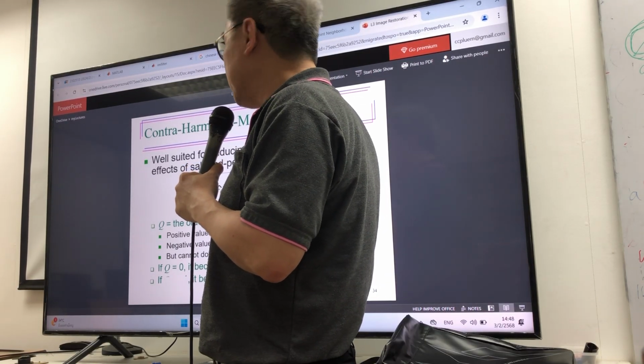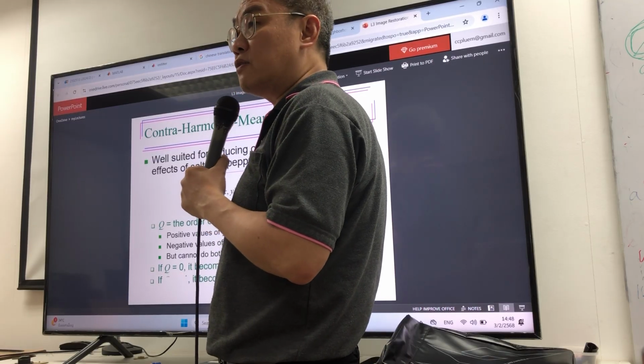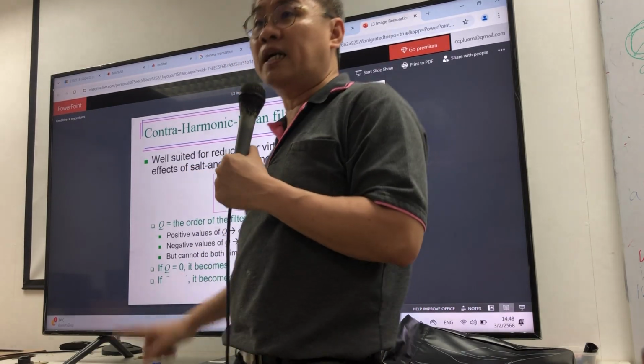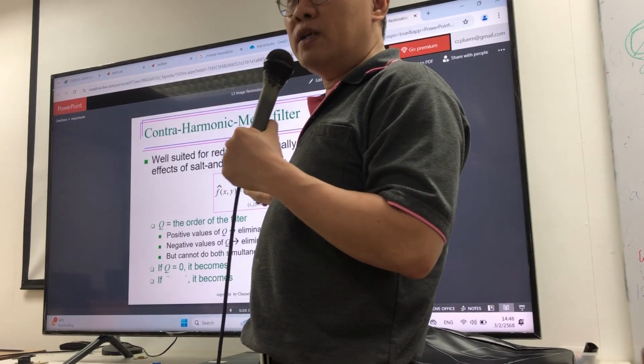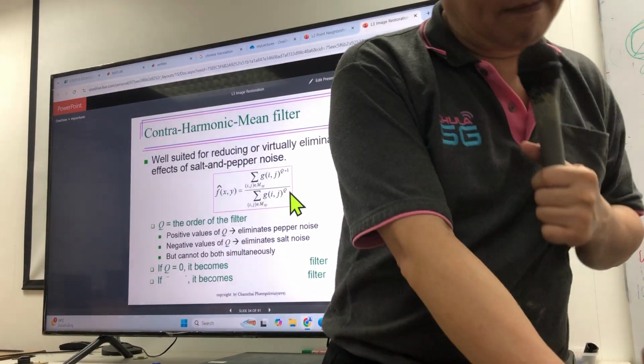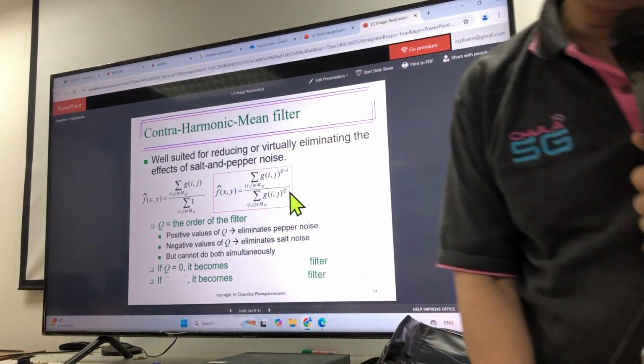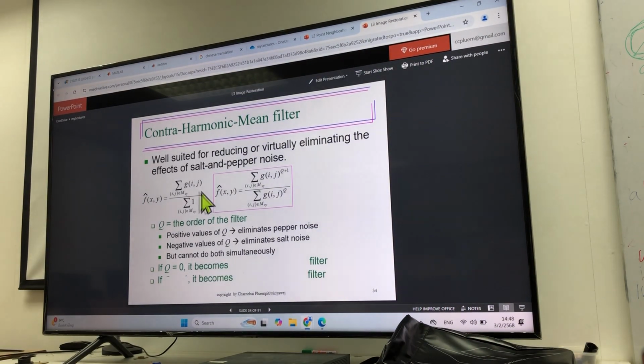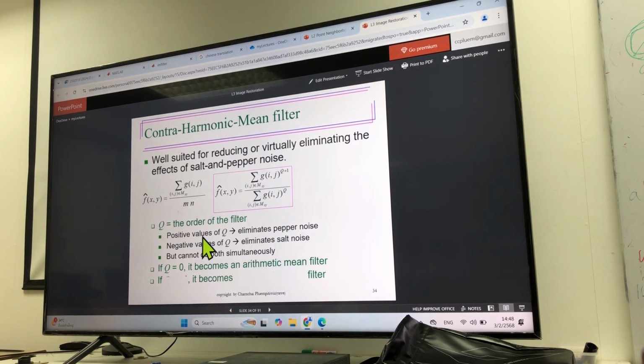So you get the summation of g divided by the number of pixels in the window. So when Q is 0, it becomes the arithmetic mean filter. Summation of 1 is mn.